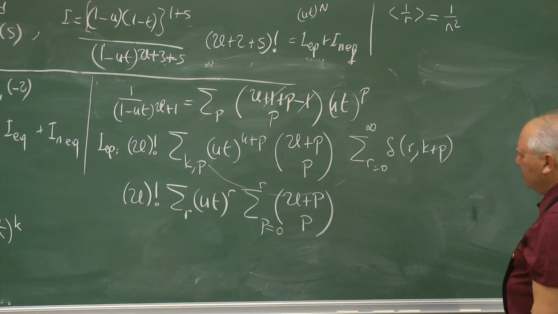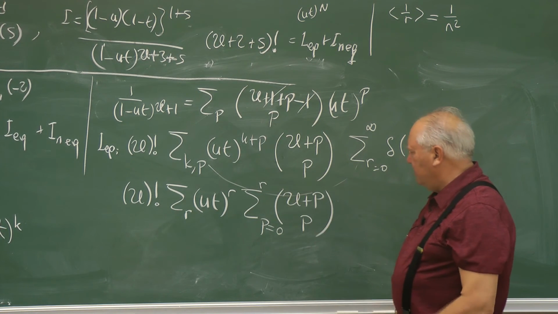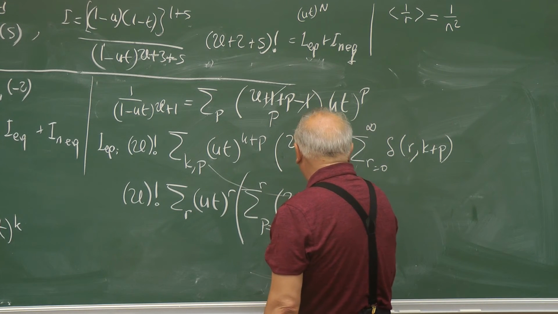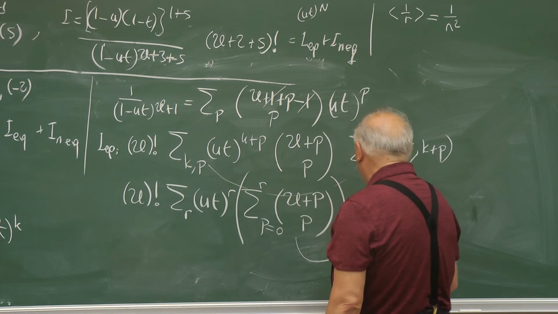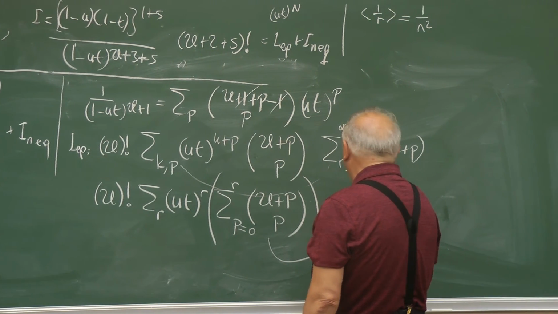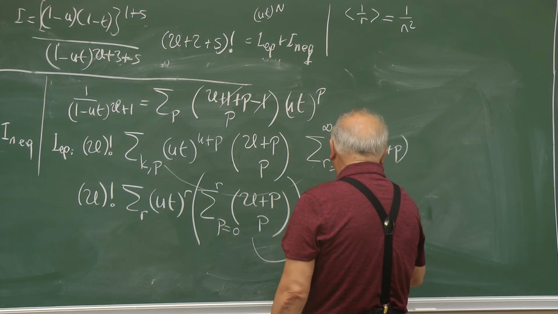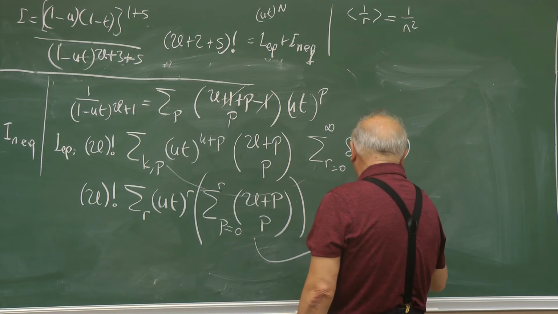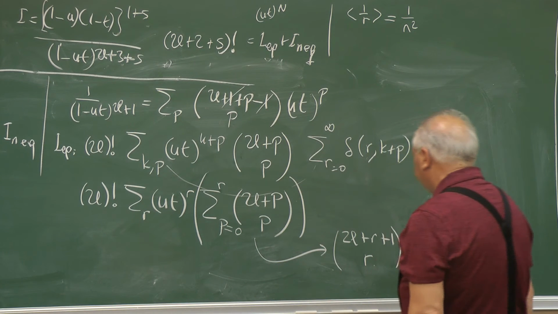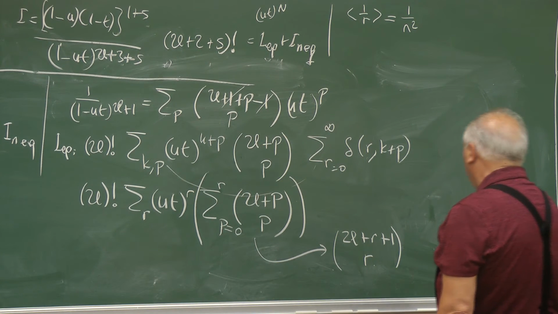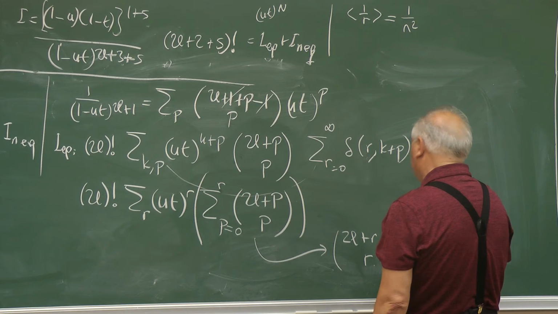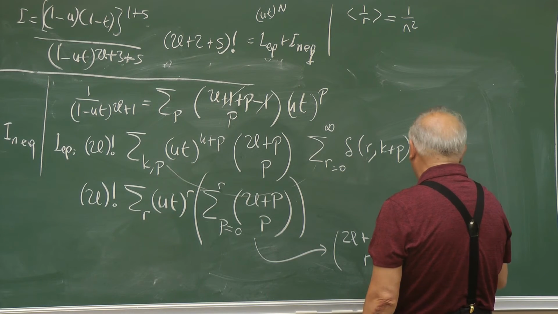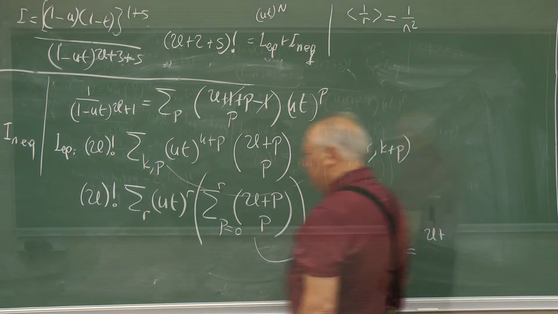All right. Fortunately, this is a sum of binomial coefficients, and fortunately there is a simple formula for this sum. And the result of this sum is binomial 2l plus r plus 1, r, where r is the lower index. Let me just leave it there.